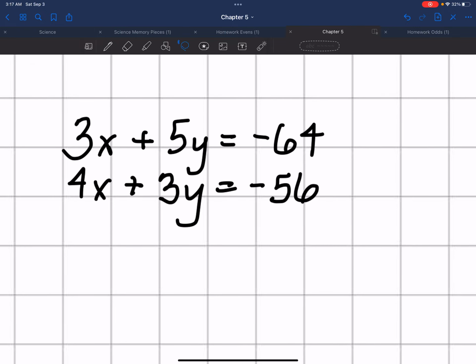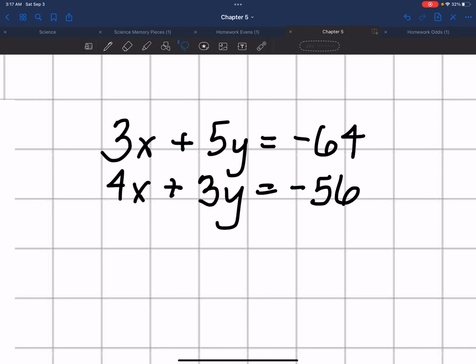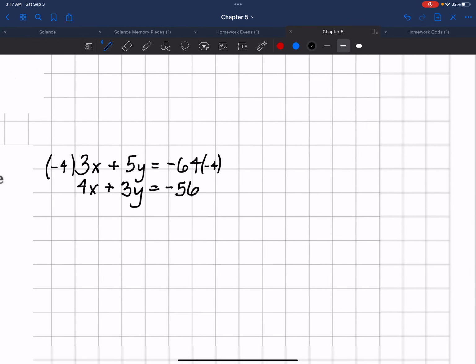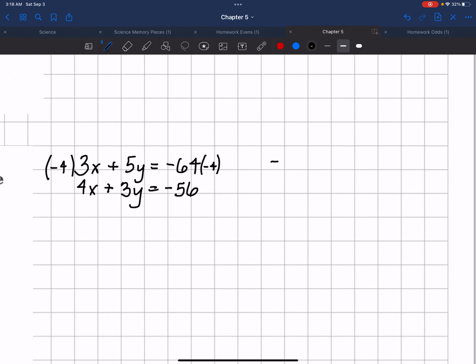So let's zoom in here, focus right here just a minute. So I'm going to use a -4, and I need to do that on both sides. So we will get -4 times +3 is -12x.